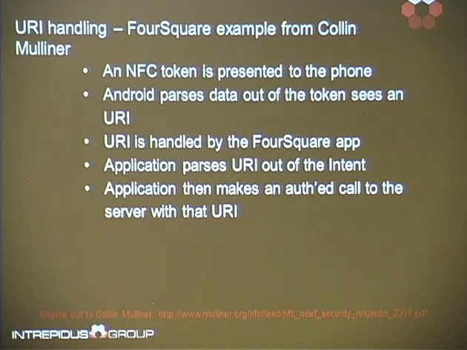This was a case where an NFC tag was presented to a phone, and then the Android system would parse the URI out of the data encoded in the tag, and the extracted URI was passed over to the Foursquare app because it was registered as the handler for that URI. And well, guess what happened? The Foursquare application just goes ahead and makes an authenticated call to the server, completely trusting the data that came from the tag.